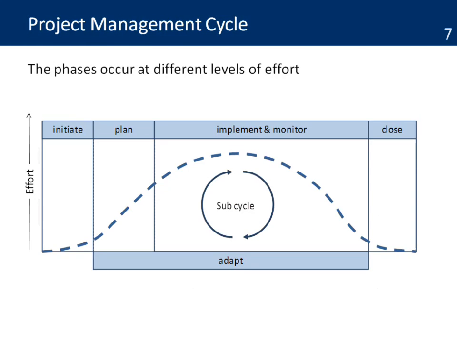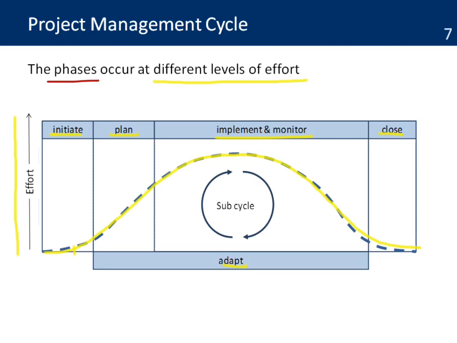Another understanding in project management and the management of these phases is that they occur at different levels of effort. So I have this graph, and I have here my level of effort, and I have the different phases of my project. And you see that they follow this curve, and we have a different level of effort.